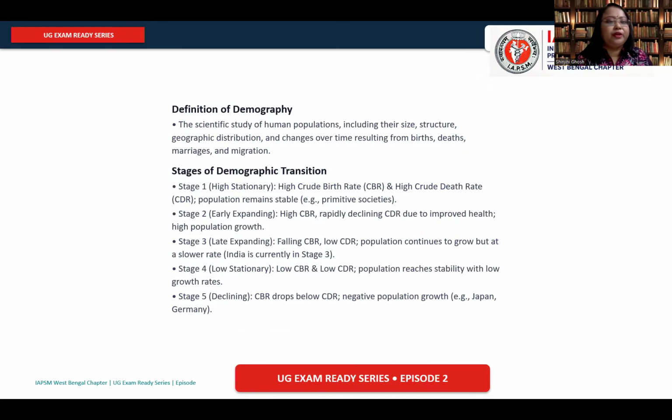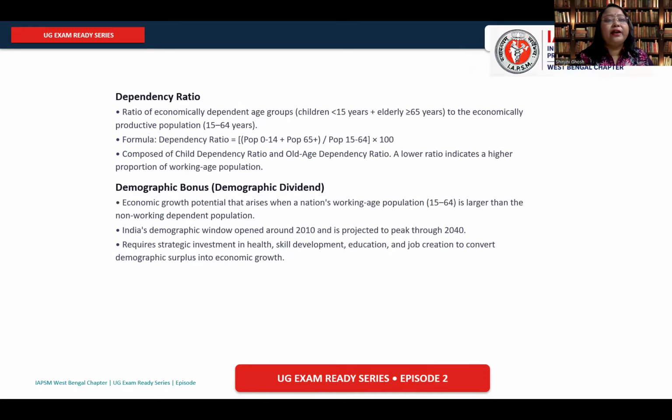You have to give it from the textbook of Park, and the different stages of demographic transition are very well written in your textbook: the high stationary, early expanding, late expanding, low stationary, declining, and you have to give them in detail. Okay, and wherever you can give any diagram, please do that. Diagrams highlighting the points will carry better marks.